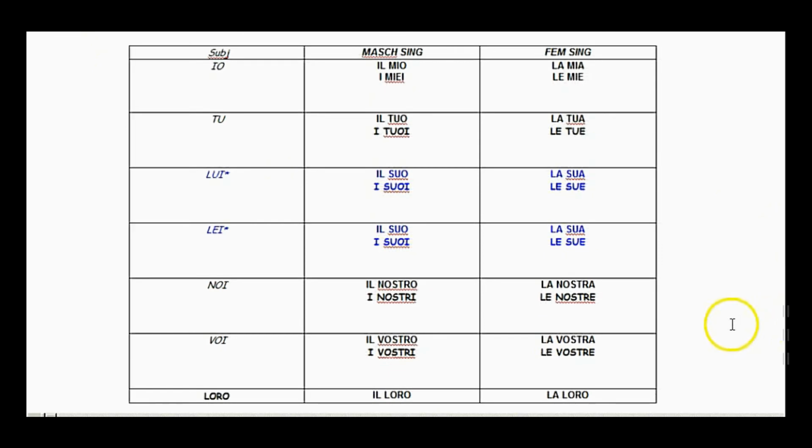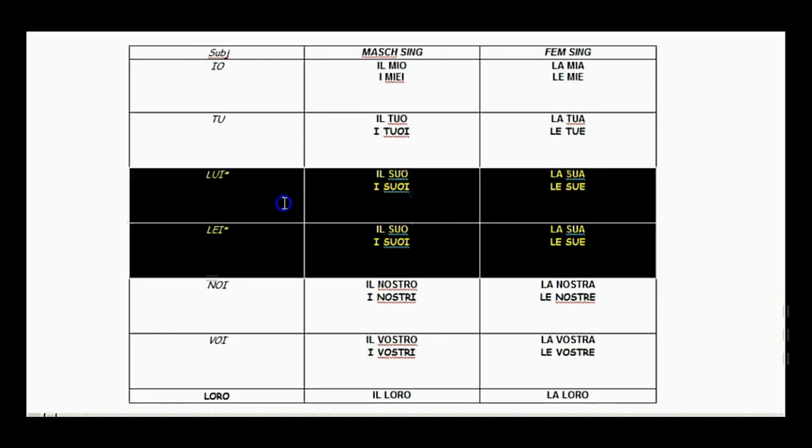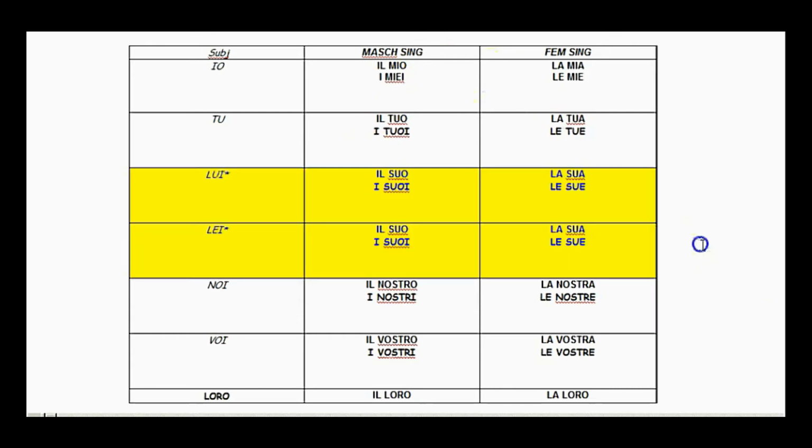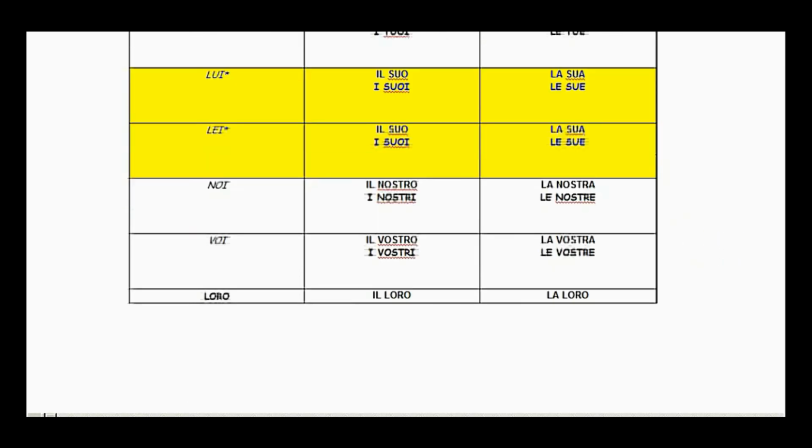And here is the final product of this operation. I'm highlighting now lui and lei, suo, sua, because we have to analyze them separately. Let's now take a look at his and her, and also its. These adjectives in English identify the gender of the person who owns the object that we're dealing with, the thing. Okay?